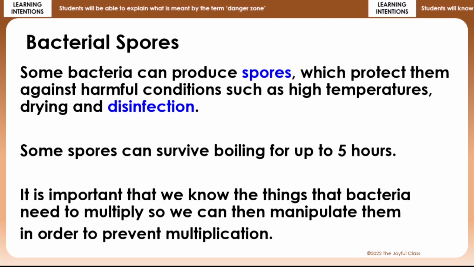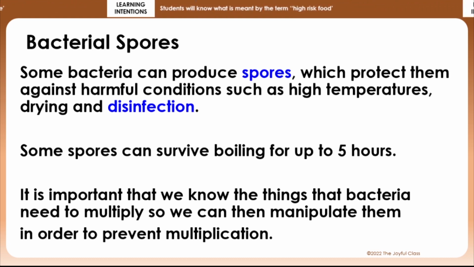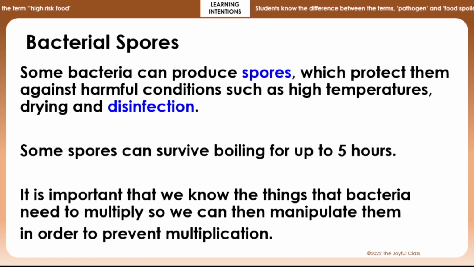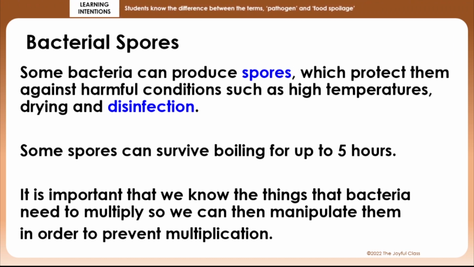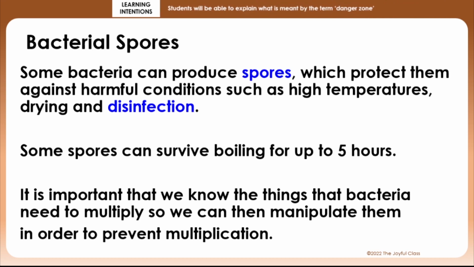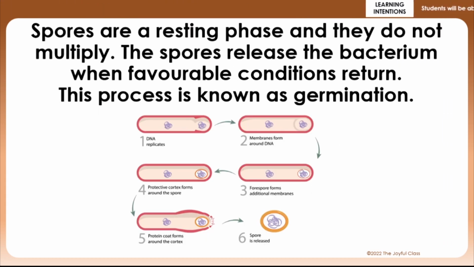If you think of a bacterial spore like a shell round the bacterium, like an eggshell, that's what a spore is, and it will help protect it from the harmful conditions. It will only release the bacterium when the conditions become correct. Spores are a resting phase and they do not multiply.